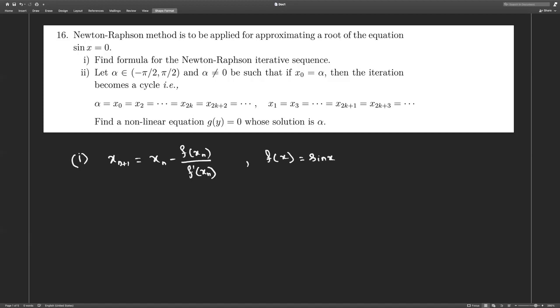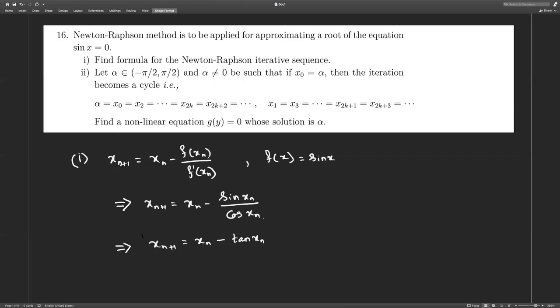If you just write like this, that's not enough. You have to substitute the function f into the formula and simplify it. For instance, here you have to also write xn plus 1 is equal to xn minus sin xn divided by cos xn. That can in fact be written as xn plus 1 is equal to xn minus tan xn.